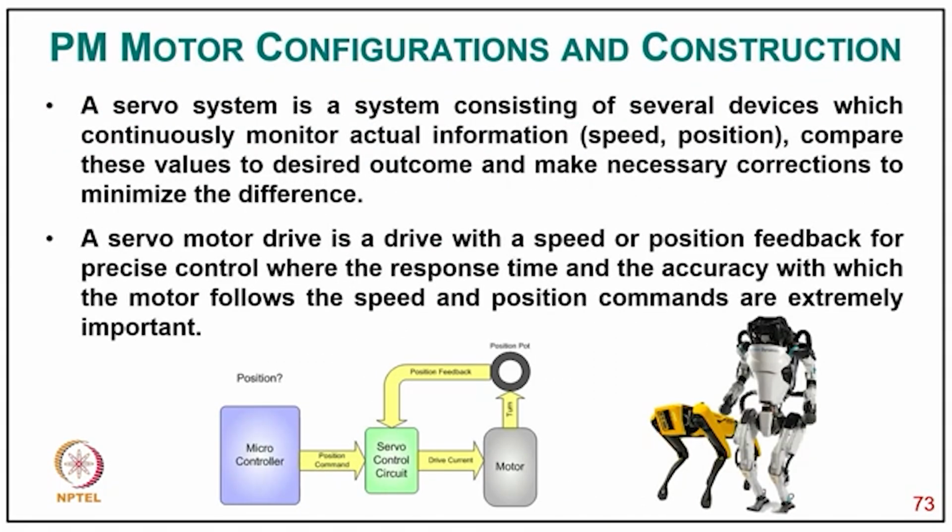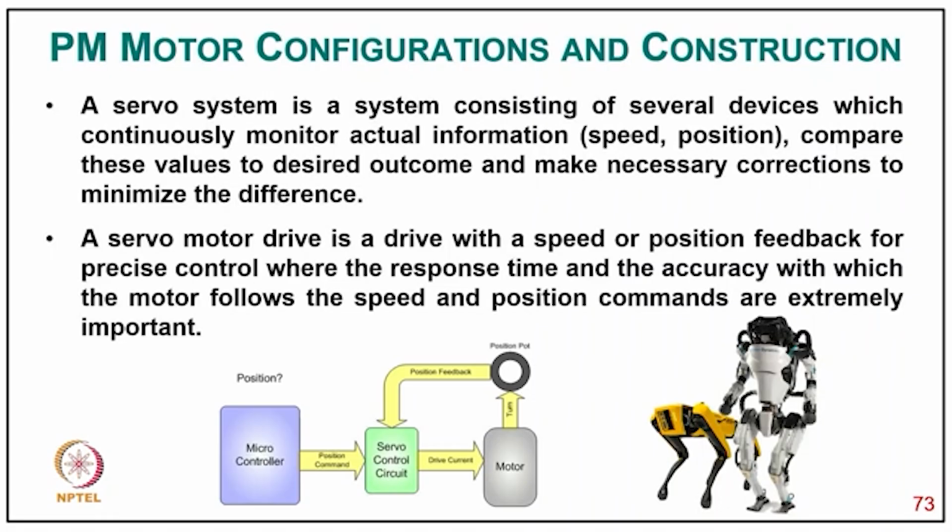So a servo system is a system consisting of several devices which continuously monitor actual information like speed and position, compare these values to the desired outcome and make necessary corrections to minimize the difference. A servo motor drive is a drive with speed and position feedback for precise control, where the response time and accuracy with which the motor follows the speed and position commands are extremely high.